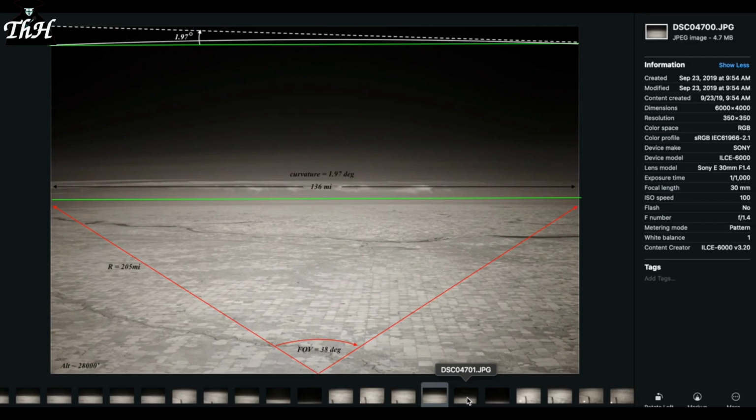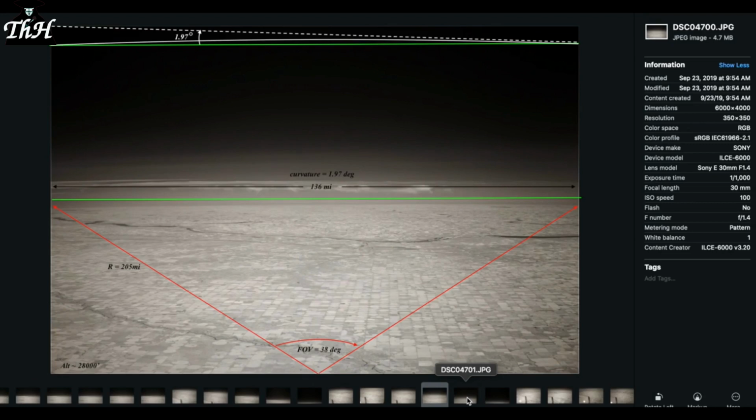And we can do some interesting analysis here. By knowing the altitude, we can get a distance to the horizon of about 205 miles, okay, from the globe model. And then we know our camera's field of view of about 38 degrees.